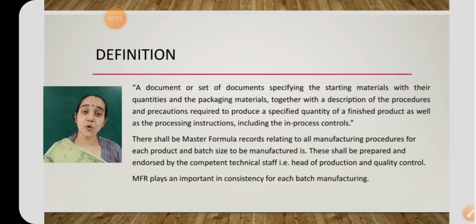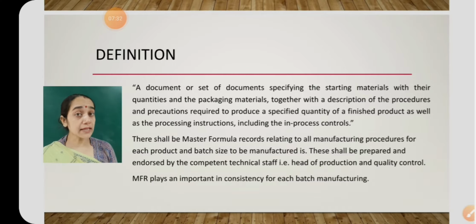So this record will have the different optimization parameters and different in-process controls, and they will be justified and specified in it. It is prepared by the competent authority, meaning research and development individuals and technical staff are involved in its preparation.